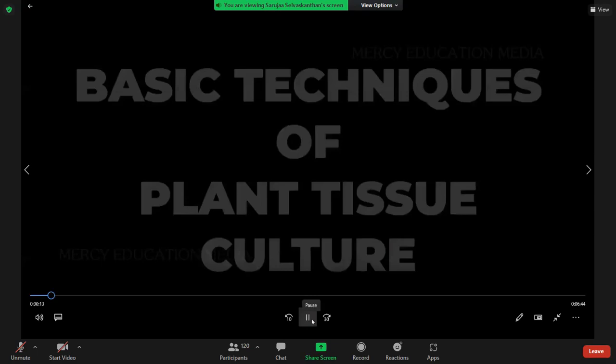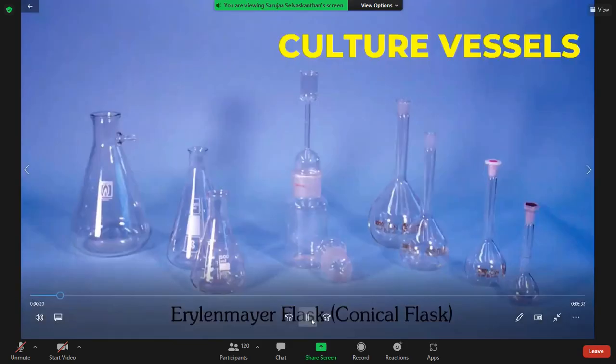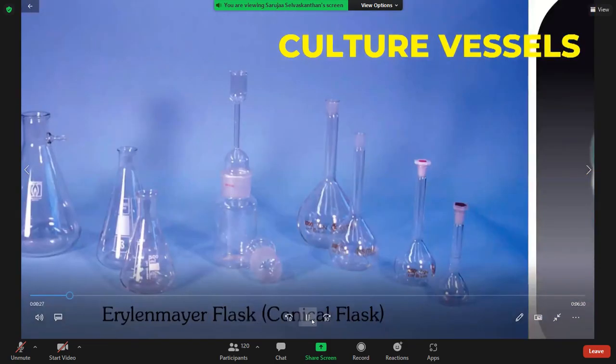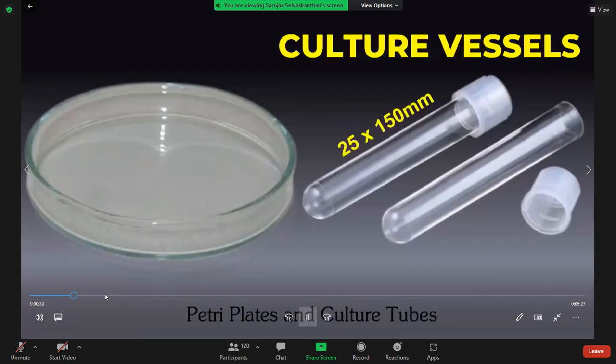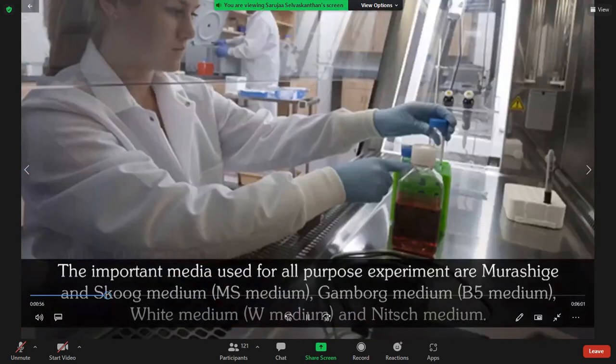Tissue culture. First, let us see about the culture vessels. The culture vessels used for plant tissue studies include Erlenmeyer flask, that is a conical flask, Petri plates and culture tubes, 25 by 150 millimeters.